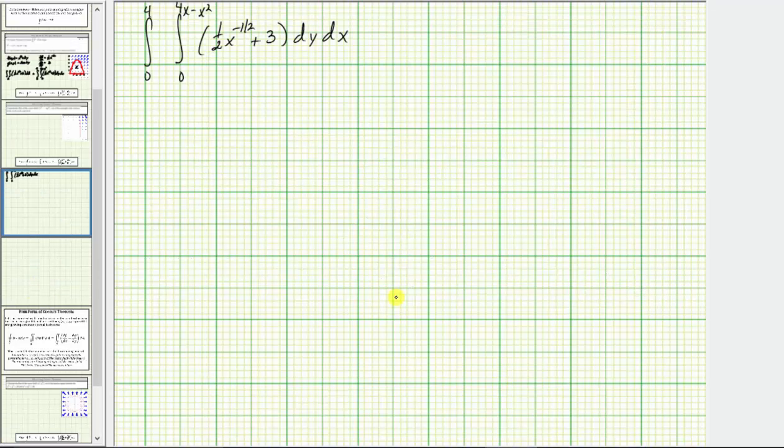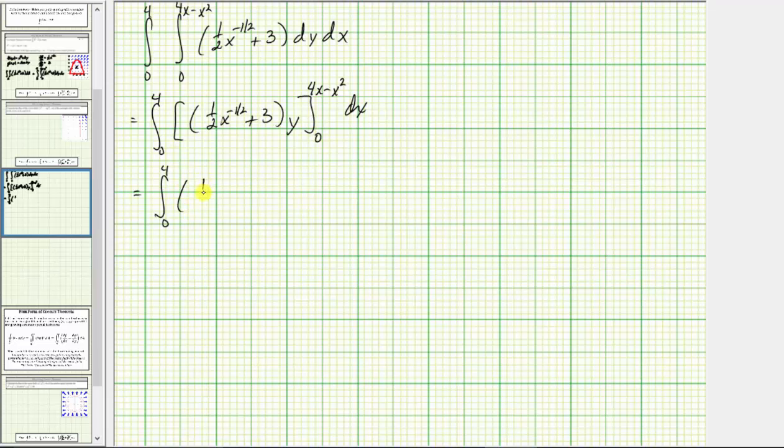We first integrate with respect to y, treating x as a constant. The antiderivative is the quantity 1/2 x to the power of negative 1/2 plus 3 times y. And now we need to find big F of b minus big F of a by performing substitution for y.